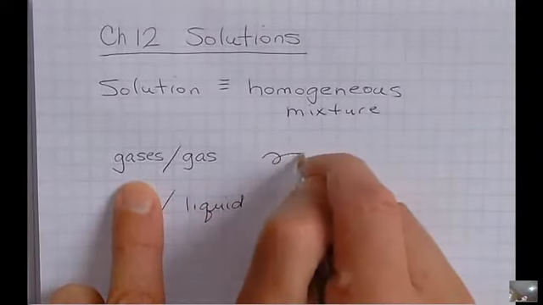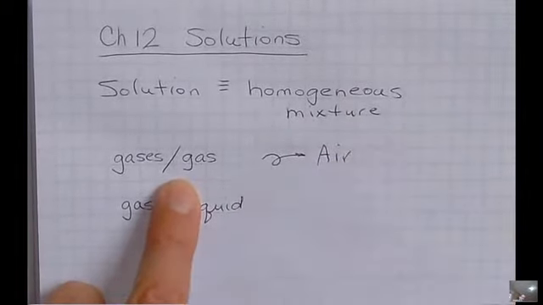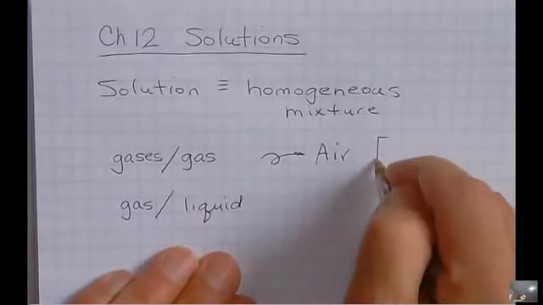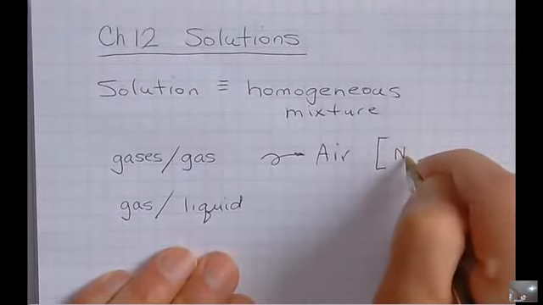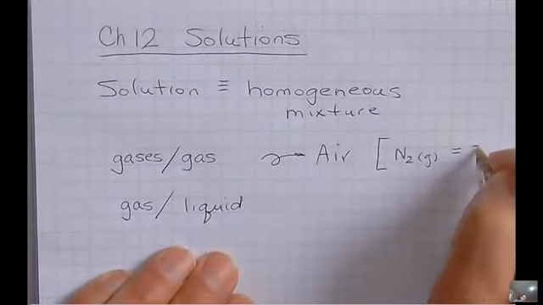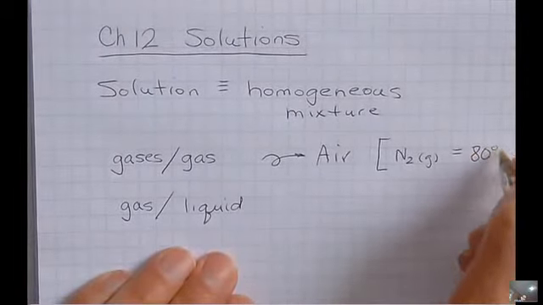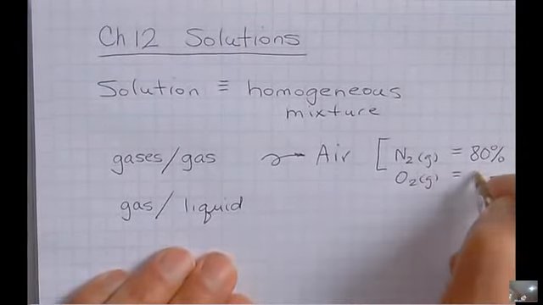Best example of a solution of a gas inside of a gas is air. Right? So air, we have a mixture of gases. The one that's in the highest percentage is N2 gas, right? It's at 80%. And oxygen is around 20%.